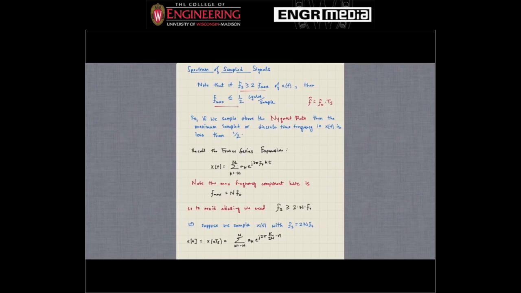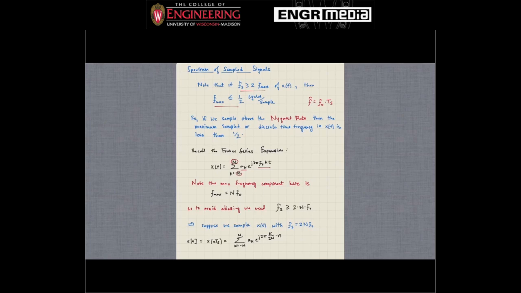We have these a_k, the Fourier series coefficients. And then the key thing is we have harmonics of the fundamental frequency f naught. That's f naught times k, so k is an integer. In this equation, normally we write this from minus infinity to infinity.